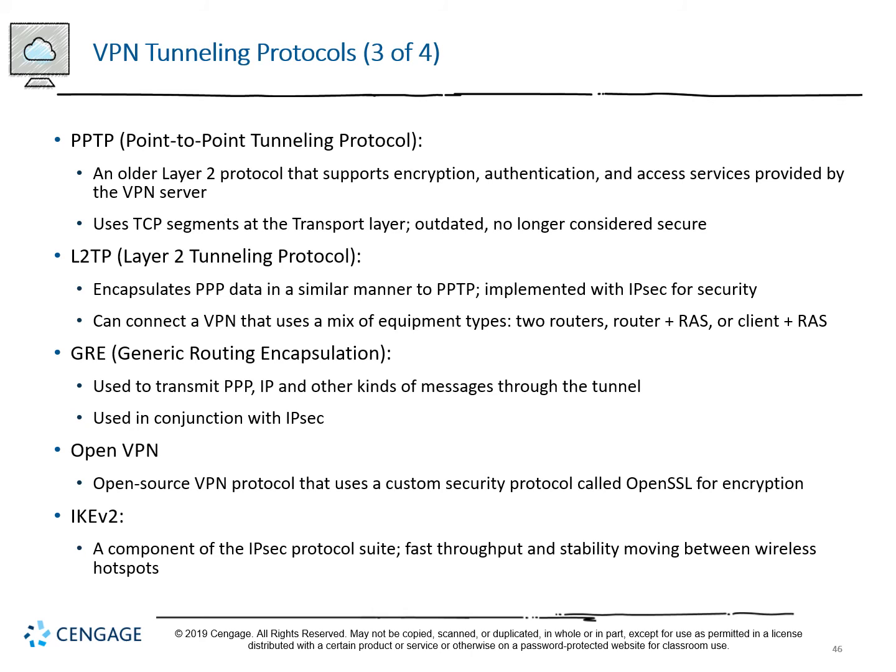So we may use something like PPTP. This is not the same thing as PPP. PPTP is an older layer 2 protocol that supports all of the necessary VPN protocols and services in that suite. It uses TCP segments at the transport layer and is no longer considered secure. So it can be used, but it's not considered secure.